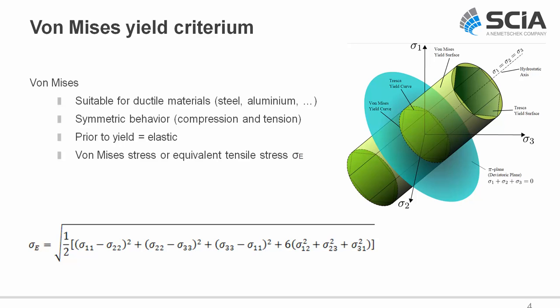On the right side, you see a picture of the von Mises yield curve and the Tresca yield curve. As mentioned before, the Tresca yield curve will be implemented in future versions. So far, the von Mises yield curve has been implemented into SCIA Engineer. And you see here, this is a 3 dimensional stress diagram.